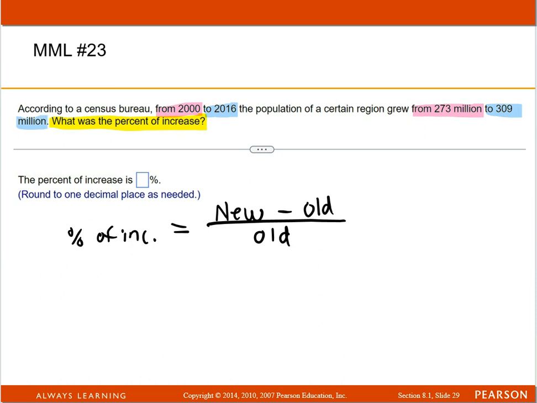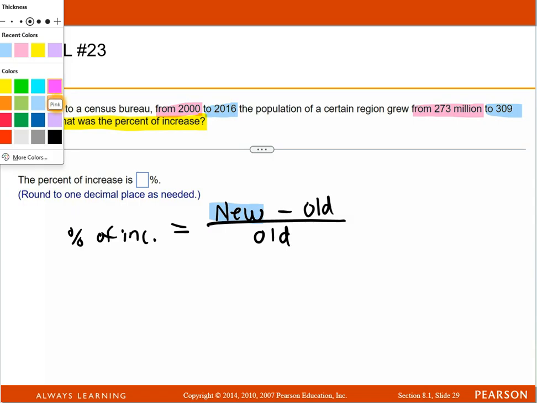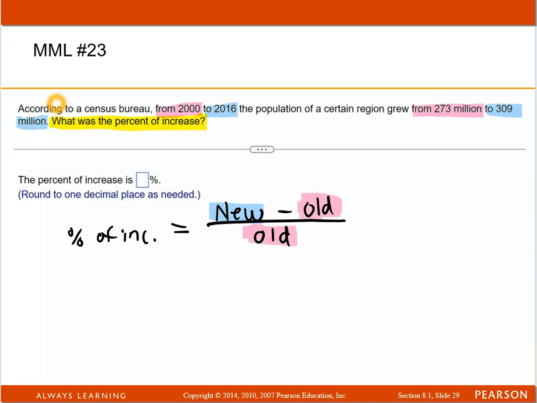So the one in blue is the newer year. 2016 is a much newer year than the year 2000. So I need the blue number here and the pink number there.